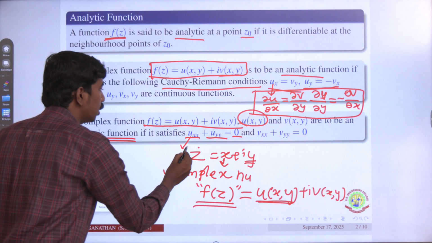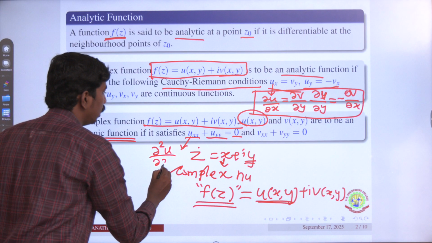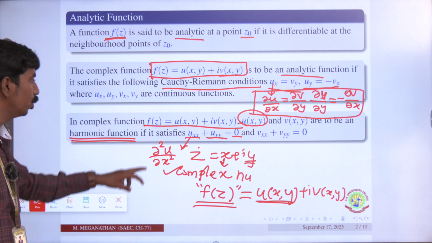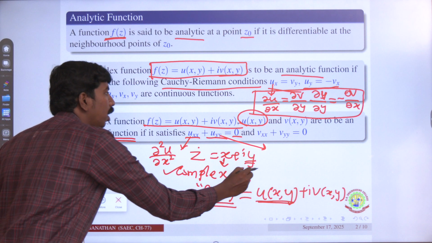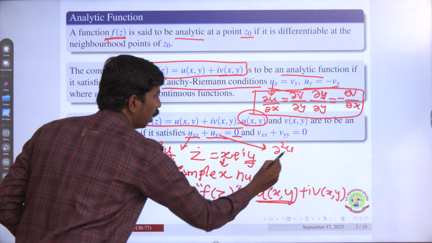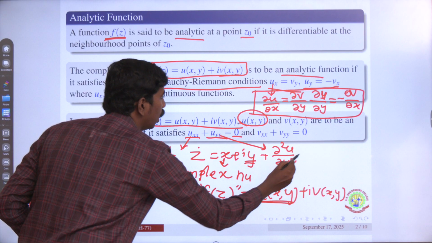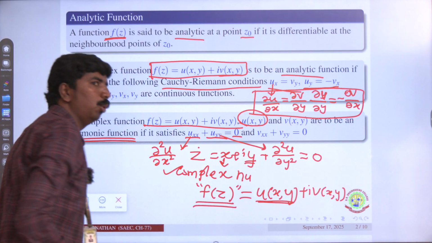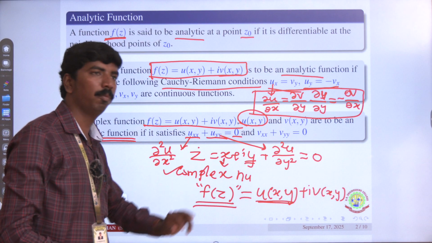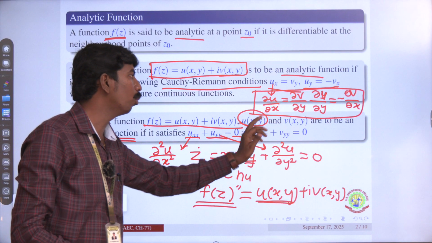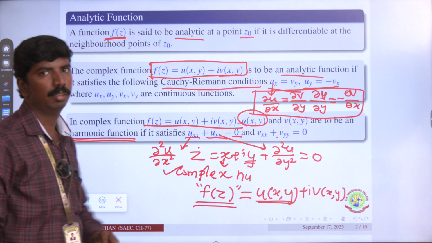Here u xx is the second derivative of u with respect to x, that is dou square u by dou x square, and similarly u yy is dou square u by dou y square. When we add both the derivatives and it equals 0, then I conclude u is a harmonic function, and similarly v is harmonic if v xx plus v yy equal to 0.